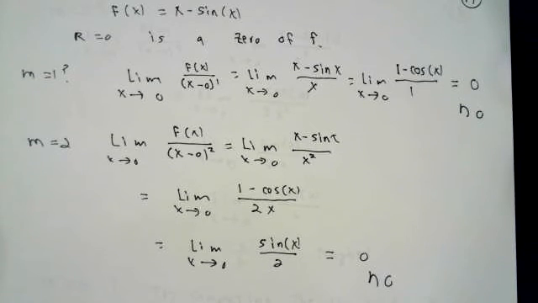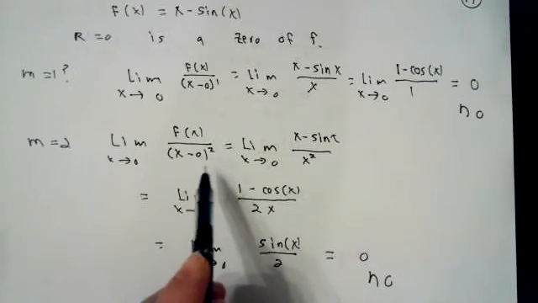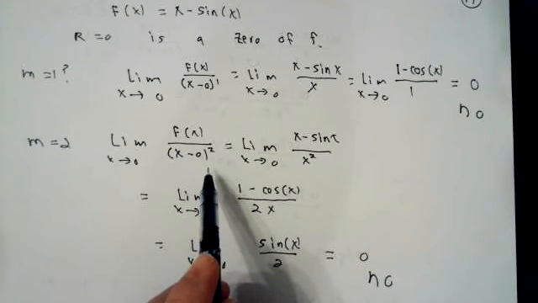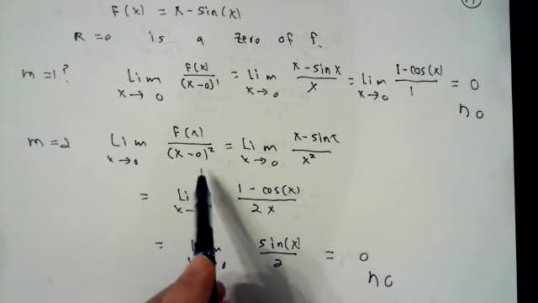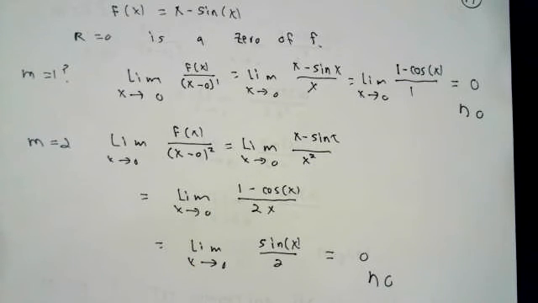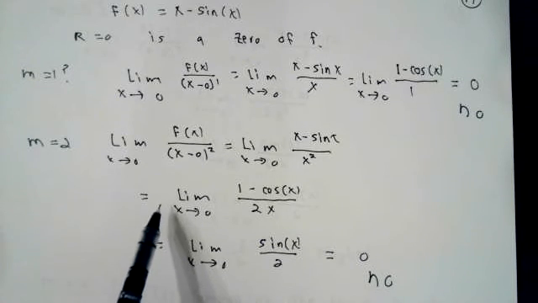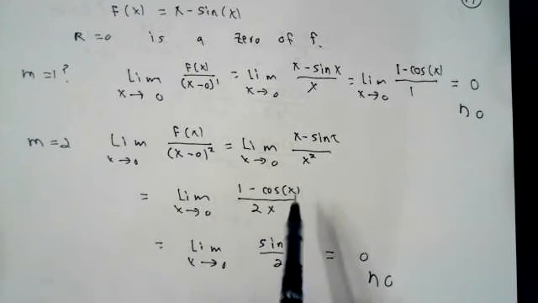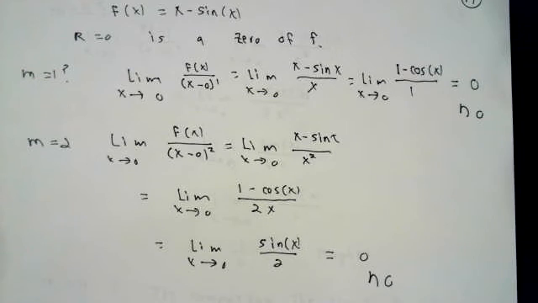Well, if it wasn't 1, maybe it's 2. This time, the power on the x minus r, the x minus 0, is 2 instead of 1, but still the top tends to 0, the bottom tends to 0, so I do L'Hopital's rule to it. The top of the fraction is 1 minus cosine x.